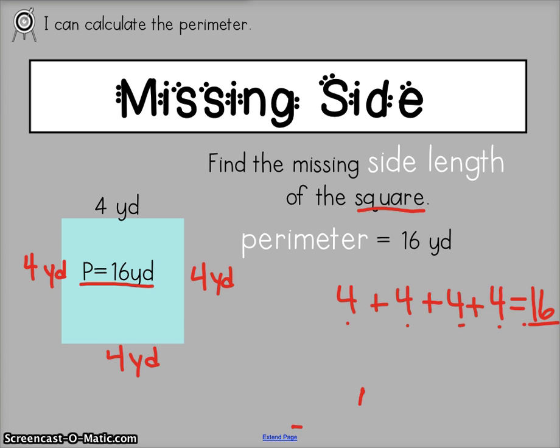Yep, if all 4 side lengths are 4 yards, the perimeter is 16 yards. Mrs. Luzwitz, when you said skip counting, it made me think of multiplication. So you could have done 4 yards for each side times 4 sides would equal 16 yards to check your work. Only works when all the side lengths are the same though.